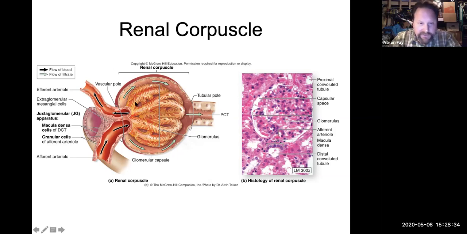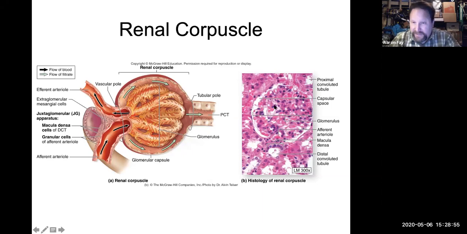So other structures, just to reiterate, we have the renal capsule out here. This is actually the parietal layer of the renal capsule, and these yellow cells here, the podocytes, they're actually the visceral layer. This is just what it actually looks like in the kidney.